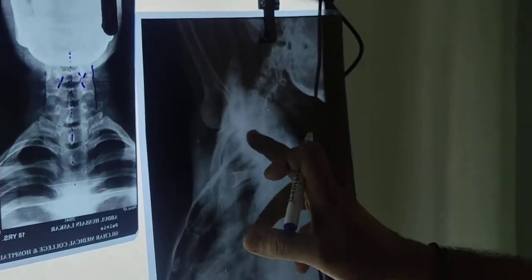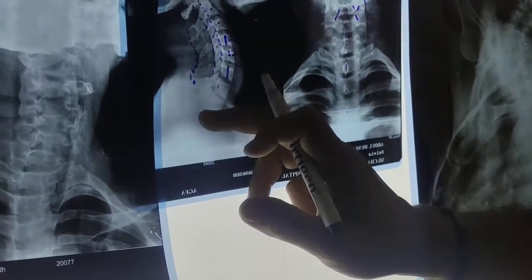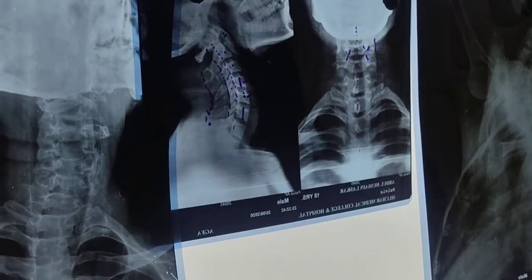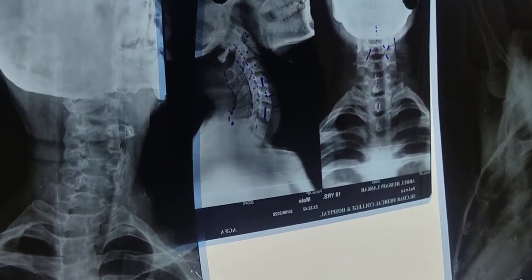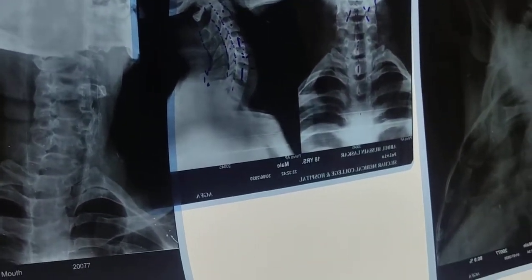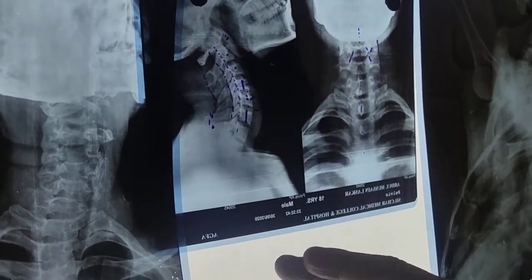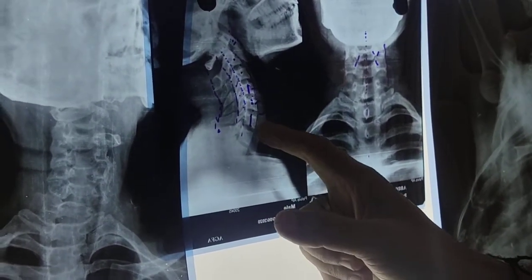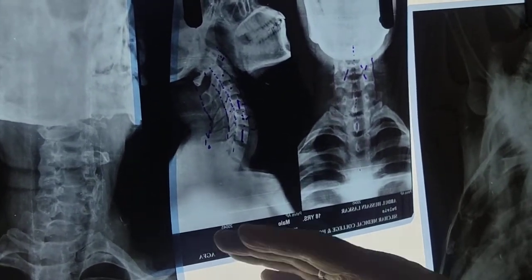In the swimmer's view particularly, in the lateral view, this area, the junctional point, sometimes it will be seen here, but if you want to take a good X-ray of the lower cervical spine in the lateral view, what is your option? One can pull down the shoulders on both sides and take the X-ray to reveal it. That is one way to go down the cervical spine. Are you getting my point?